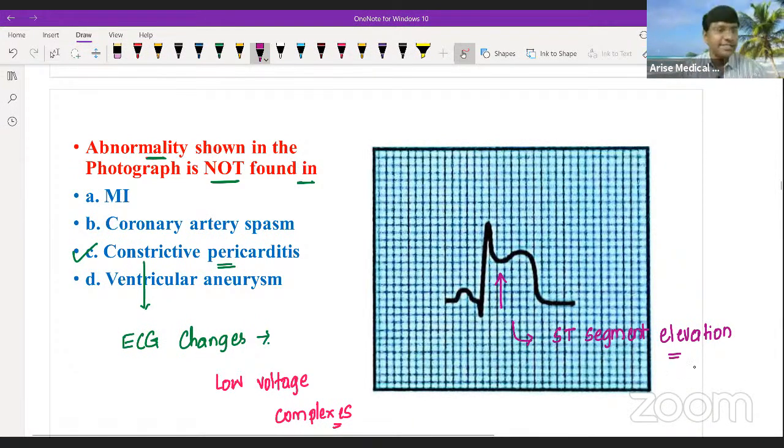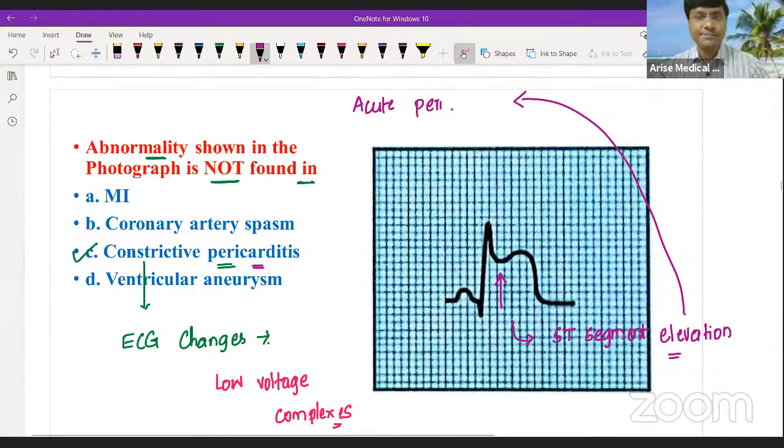This ST segment elevation you will not have in constrictive pericarditis. But ST segment elevation can be seen in acute pericarditis, not in constrictive pericarditis.